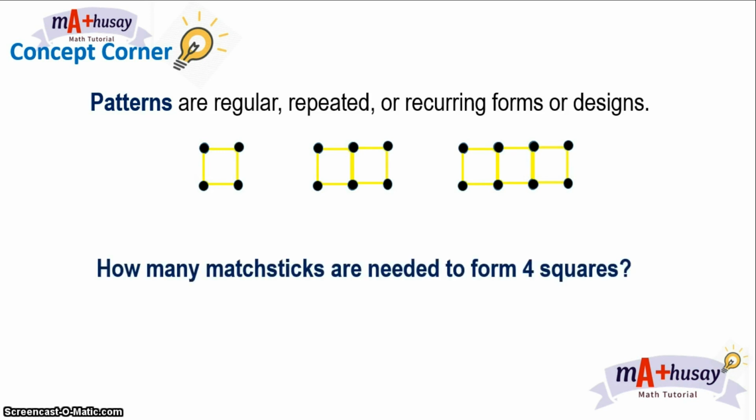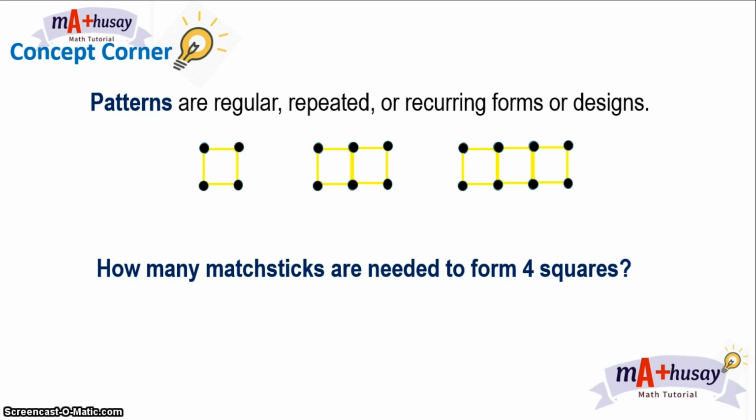How many matchsticks are needed to form 4 squares? You see that we have 3 figures there. The first figure, with 1 square, needs 4 matchsticks. To form 2 squares, you need 7 matchsticks. And to form 3 squares, you need 10 matchsticks.